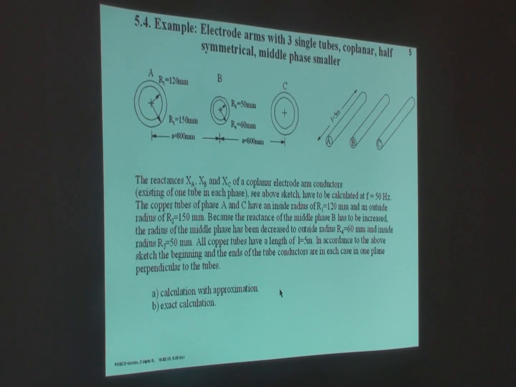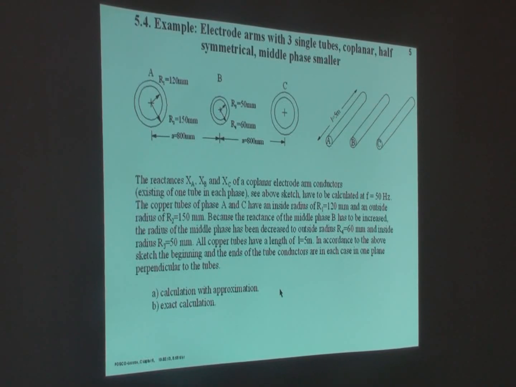And the next step is with G. We calculate X. Yes. And then we have XAA, XAC, then here comes out XBB, and then we have XBC, then we have this one, XAC.